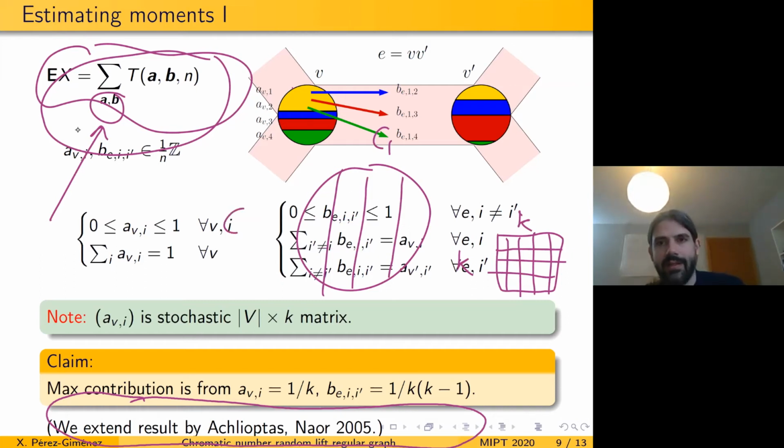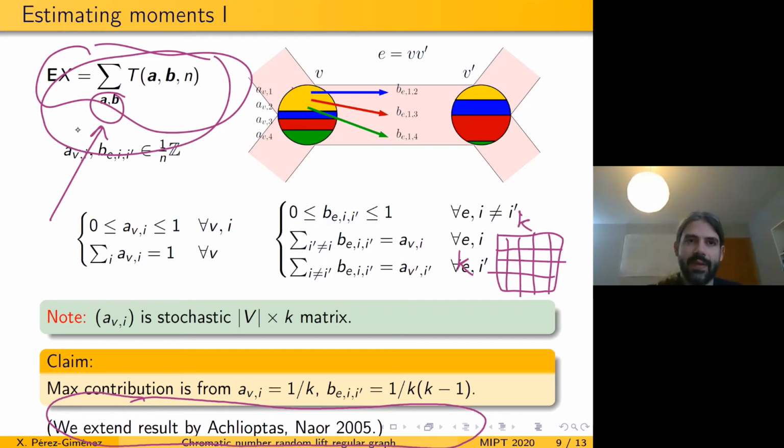So their optimization arises from their second moment calculations, but in our case, because we're looking at lifts, the first moment already involves this complicated optimization, which is very similar to a second moment calculation of Ackley-Optas-Naor, but it's a first moment calculation. So that was surprising. Our first moment calculation was harder than their second moment calculation.